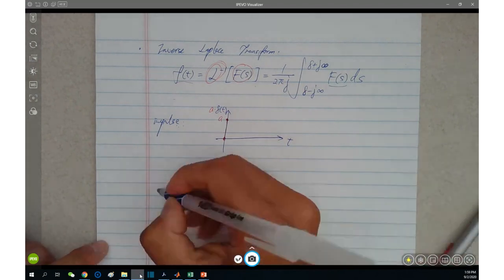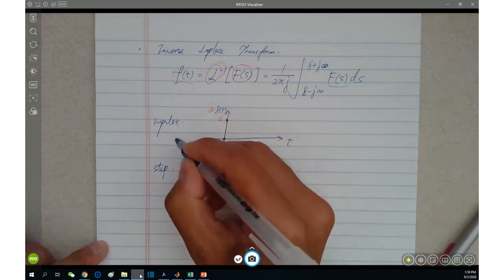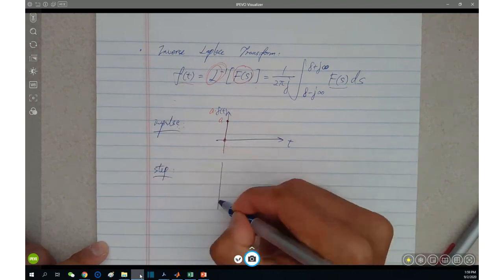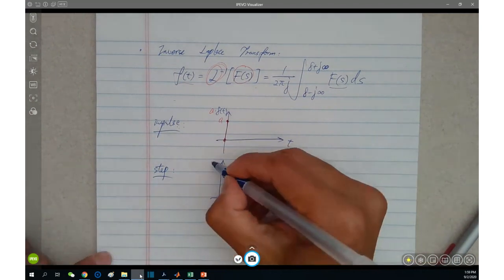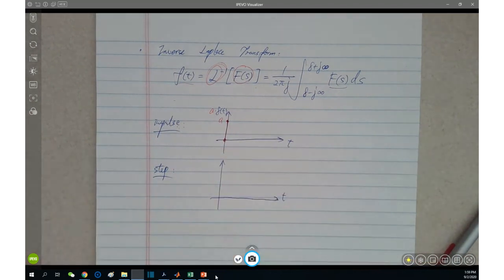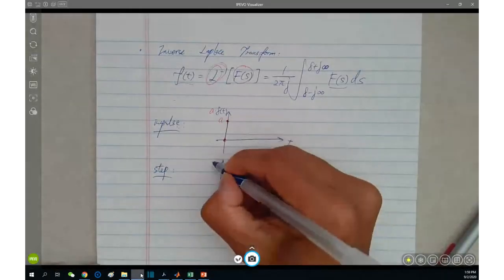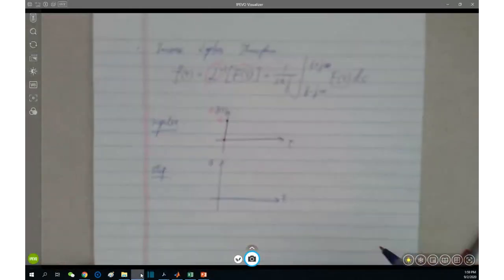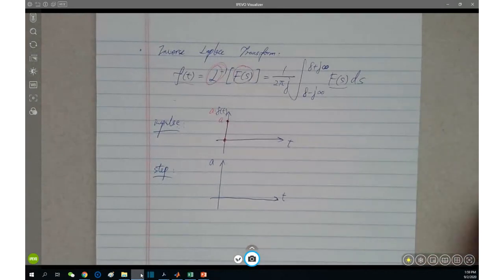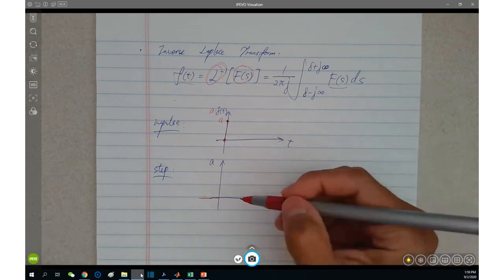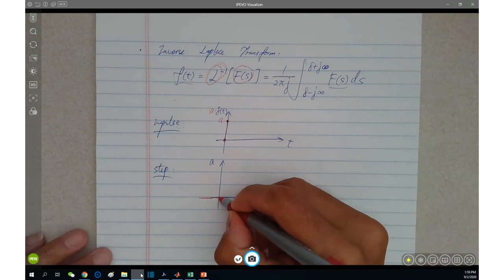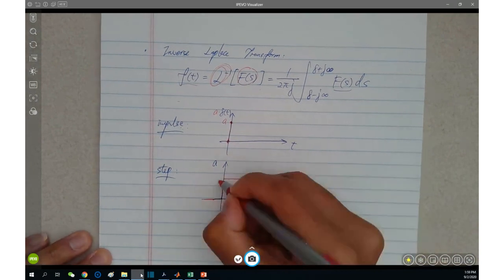Then what does the step function look like in time domain? We're now talking about the time domain graph. What does the step a look like? Before t equals 0 it is 0. From t equals 0 on, you have a constant a.